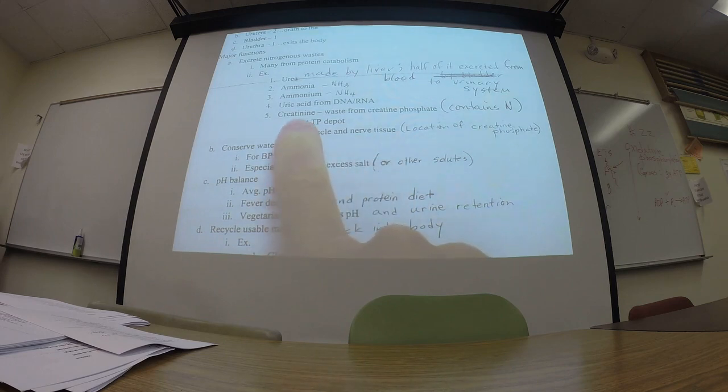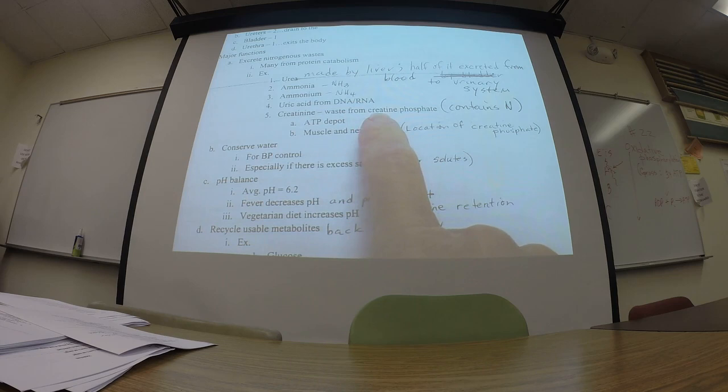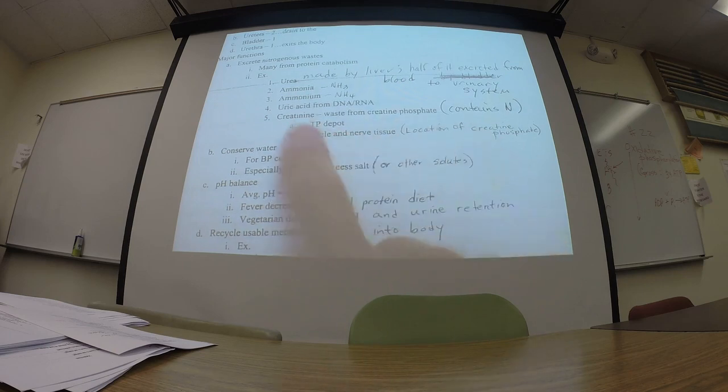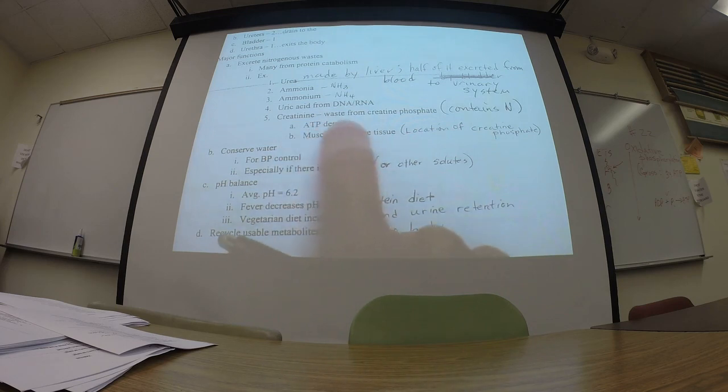It is the waste that a storage molecule in muscle and nerve tissue called creatine phosphate becomes when it deteriorates. So this is just telling you the usual location of this ATP storage molecule, which was known as creatine phosphate. When it deteriorates, it becomes this bad compound, creatinine. So this was the last depot or storage site for ATP in your muscle and nerve tissue.